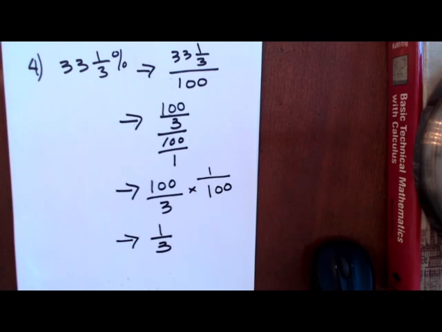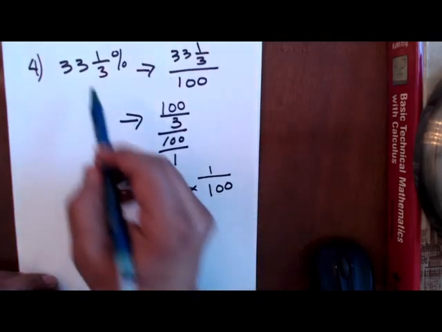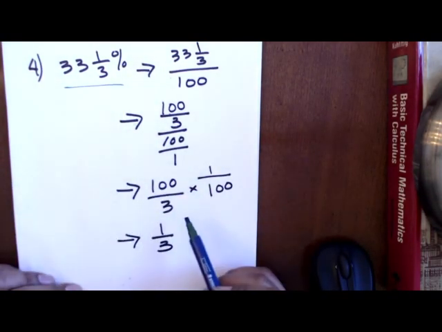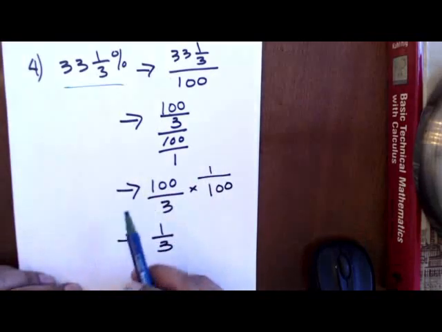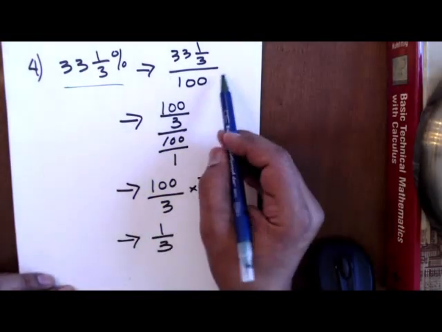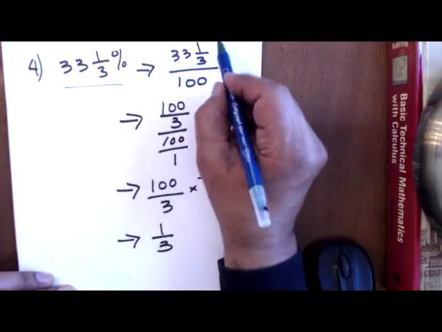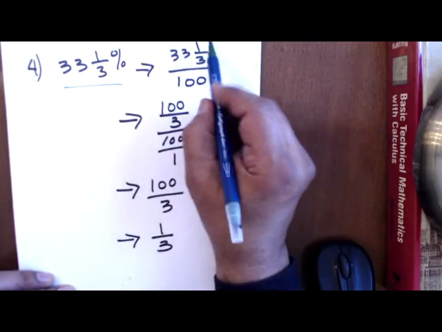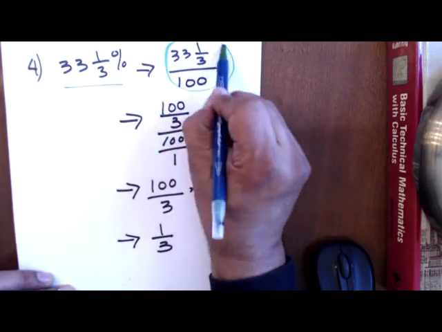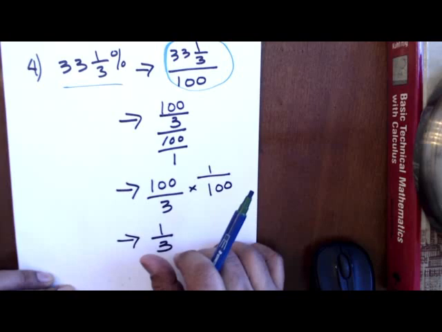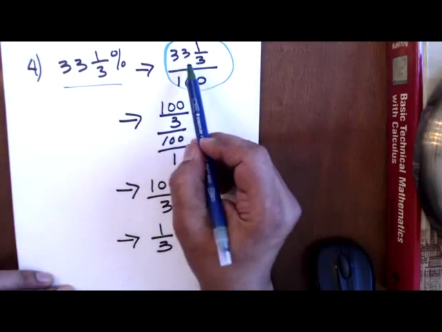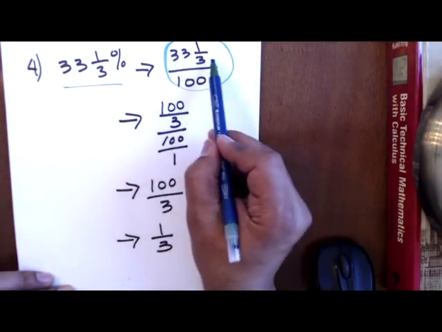This is an example where you really have to think about what you're doing. You have a percentage, and you have to convert this mixed number into a ratio. The first thing you need to do is write the ratio, moving the number from one side to the other, and then realize that this is a mixed number. You have to make it into a fraction.